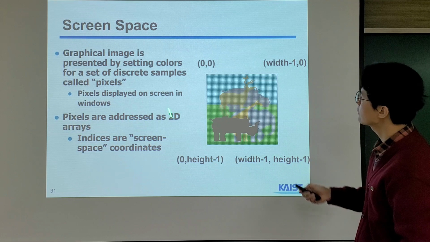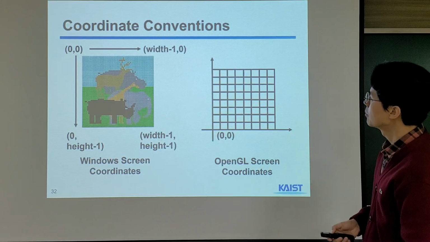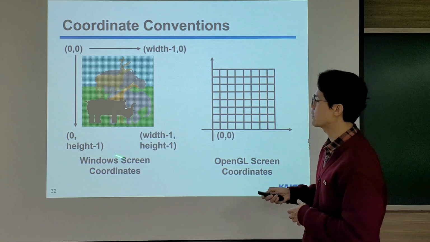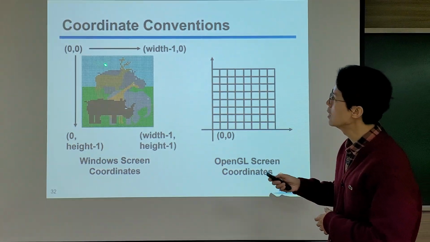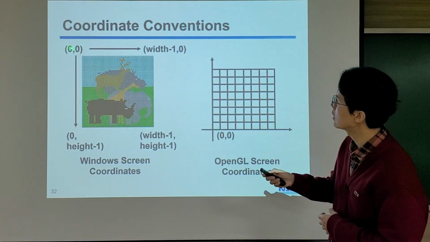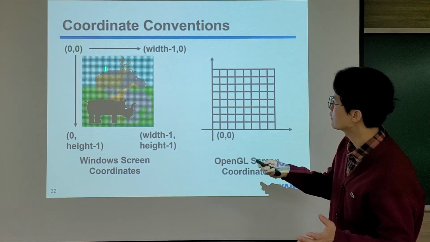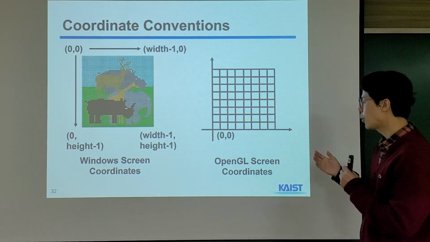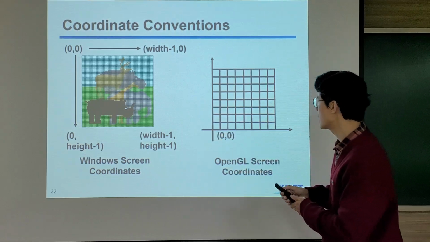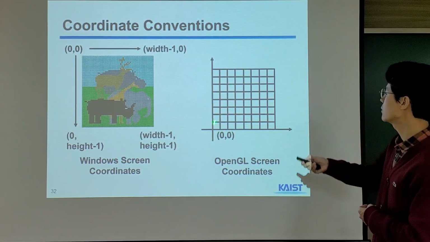This is what we call the typical screen space. But depending on your case, this convention differs. For example, for a typical image, we use this convention: starting from 0, we increase the x and y values along that direction, right? But for typical OpenGL screen space, we set the origin here at 0, and then we increase x and y from there.